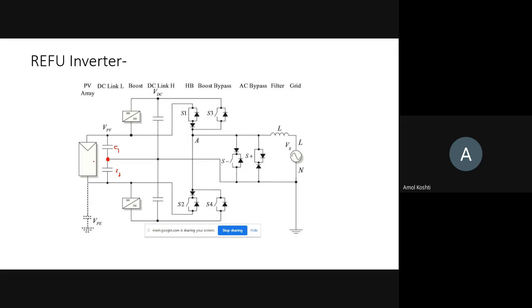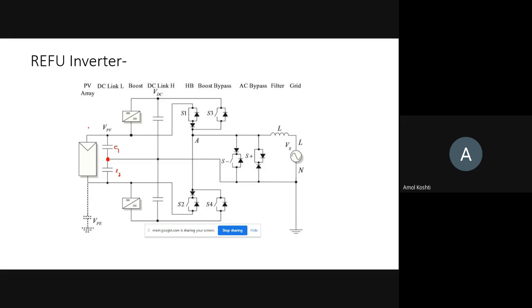So this is about today's lecture, where we learned the importance of PV inverters. Then we learned the basic PV module and the basic H bridge full bridge inverter. There are three different methods: bipolar, unipolar, hybrid.